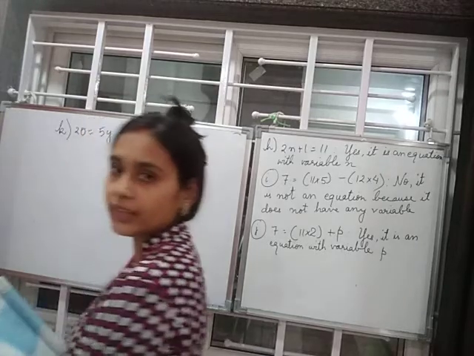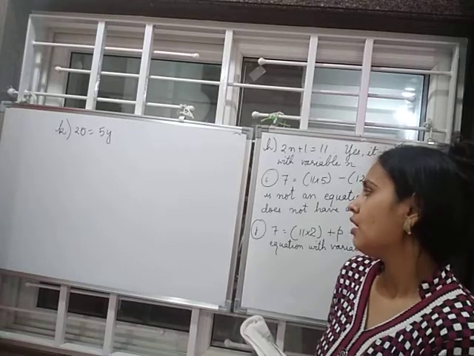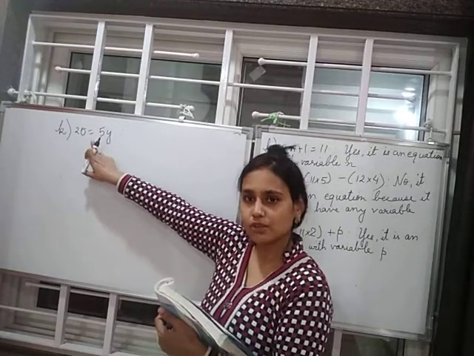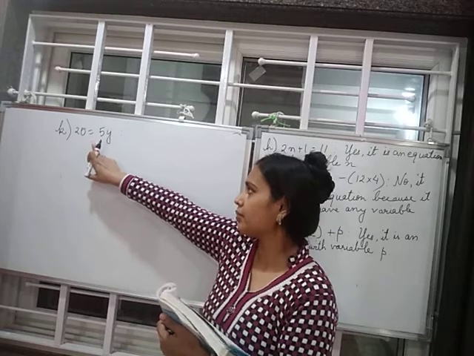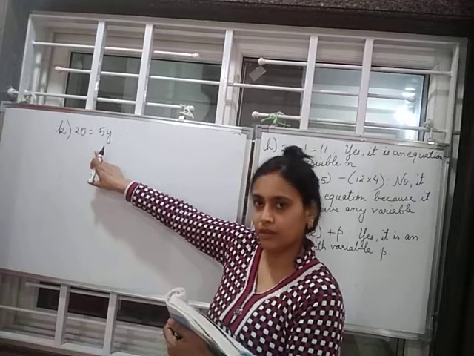So the answer is what? Yes or no? The answer is yes. Why? Because it has a variable and an equal to sign. So we'll write yes, it is an equation with variable y.